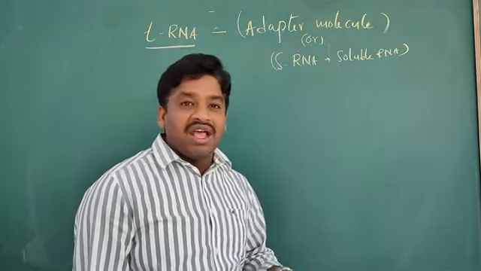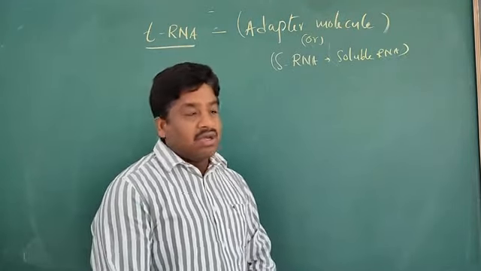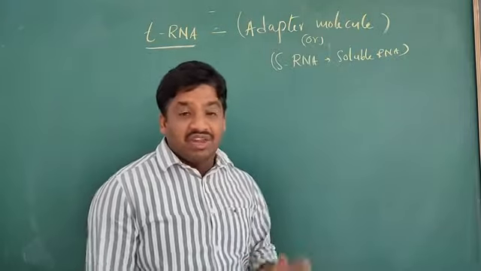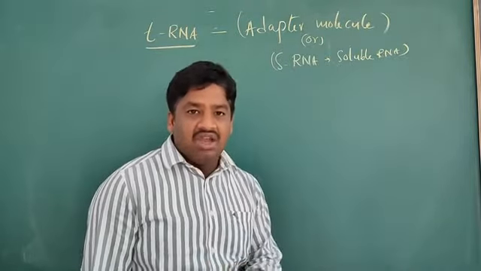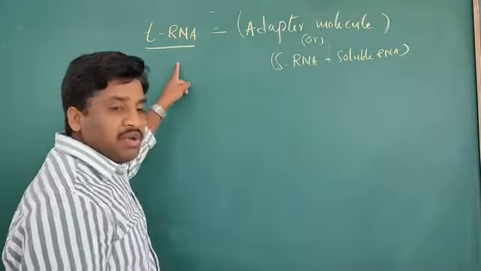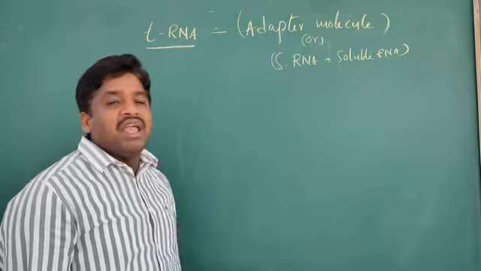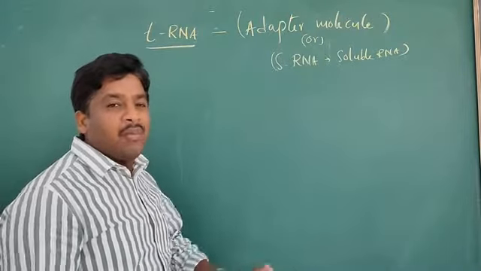Binding of amino acid is also one of the functions, which you can see in the translation mechanism. So the tRNA's main functions are to read the genetic code and to bind the amino acids.